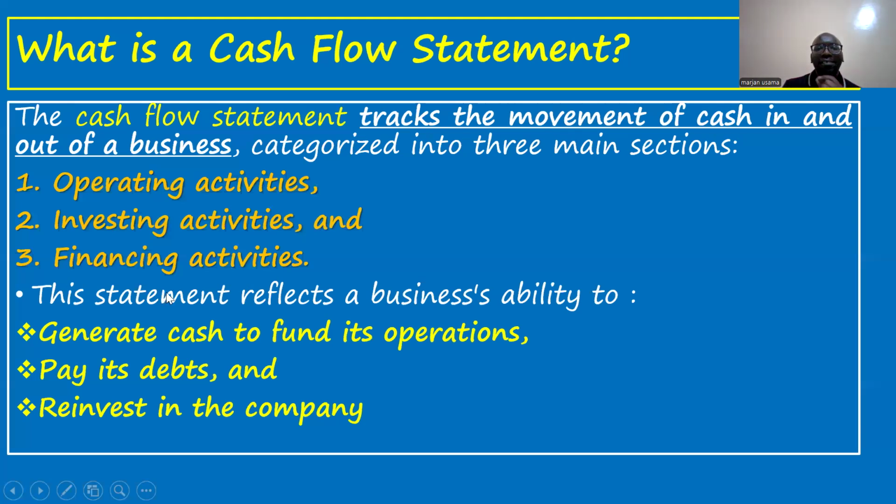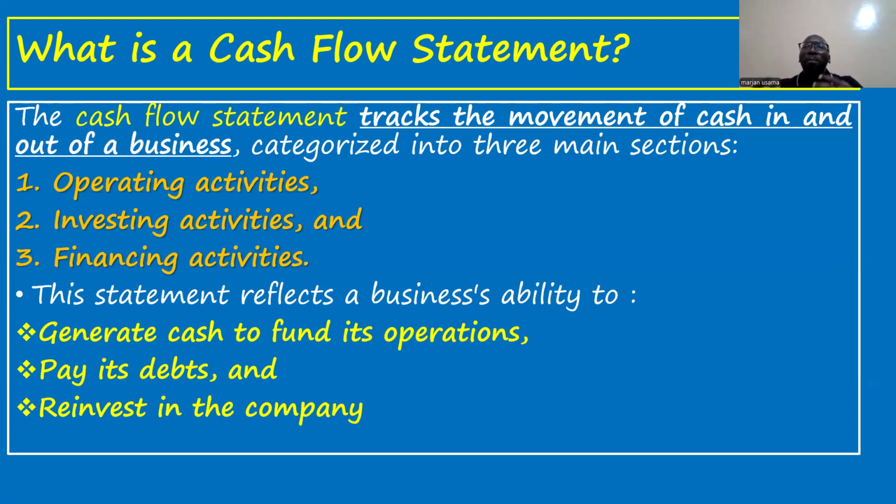So this statement reflects a business's ability to generate cash to fund its operation, number 2, pay its debts, then lastly, reinvest in the company. So this cash flow statement will help us to know, can we generate more money to pay salaries?